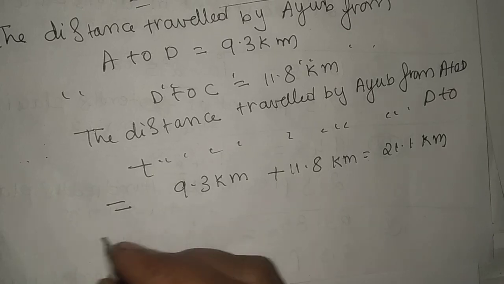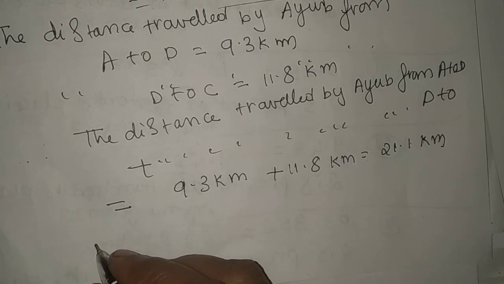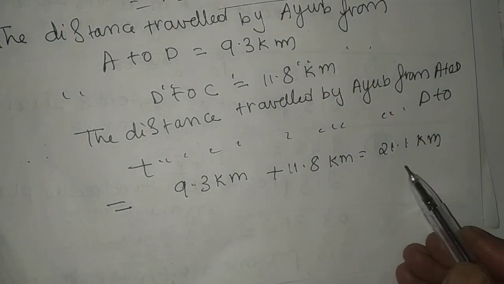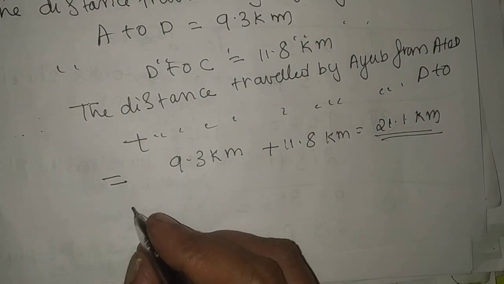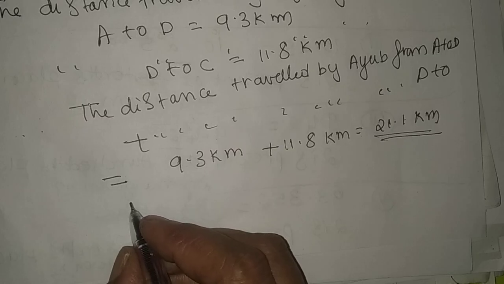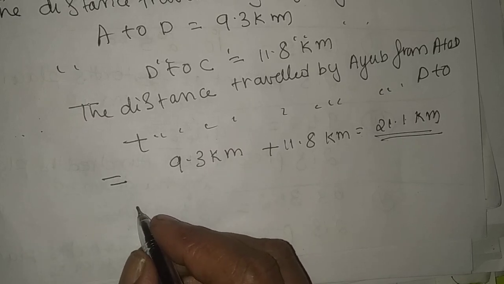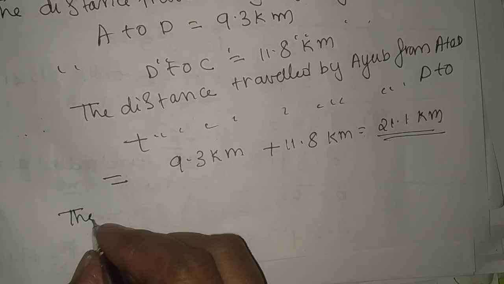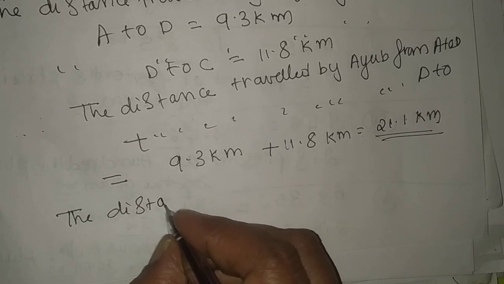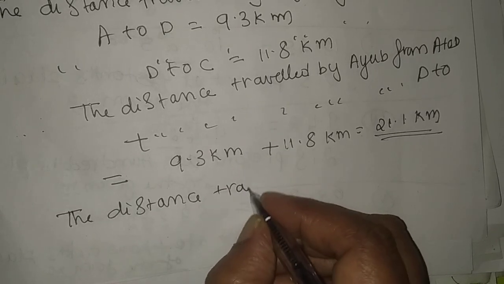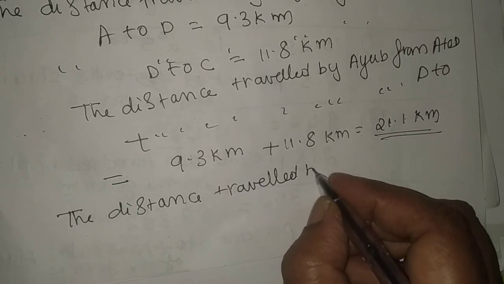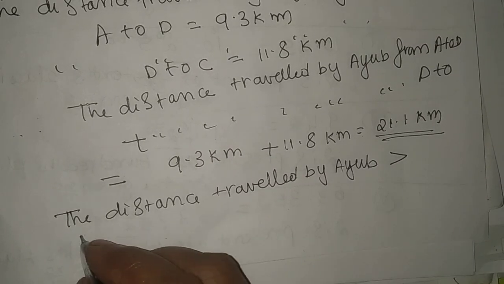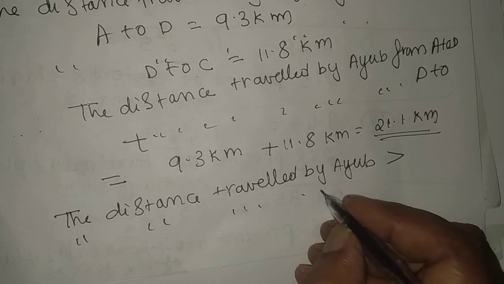Who traveled more? Now comparing, which is the number? The distance traveled by Dinesh is 20.2. The distance traveled by Ayub is 21.1. Now comparing, who traveled more? That is Ayub. The distance traveled by Ayub is greater than the distance traveled by Dinesh.